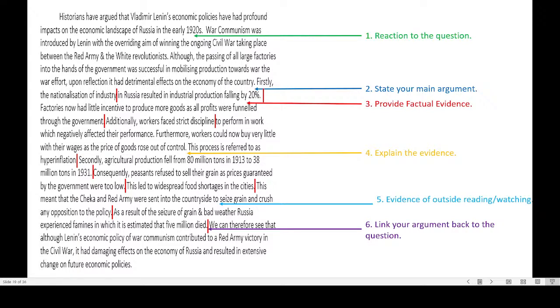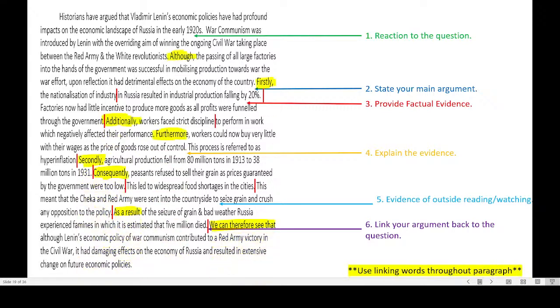economic impact. Last thing I'm going to highlight to you guys, and it's really going to contribute towards you picking up good marks on your OE, is the use of linking words throughout our essay. So what you're going to see here is words like firstly, secondly, furthermore, additionally, consequently. These are the type of words that really support your development of good writing, and they're evident throughout my essay there.